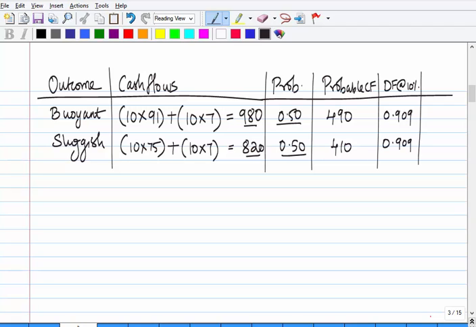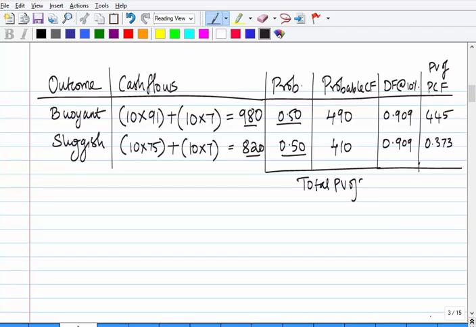So if we multiply this probable cash flow with the discount factor at 10%, we get the present value of probable cash flows. So 490 into 0.909, we get 445, and 410 into 0.909, we get 0.373.